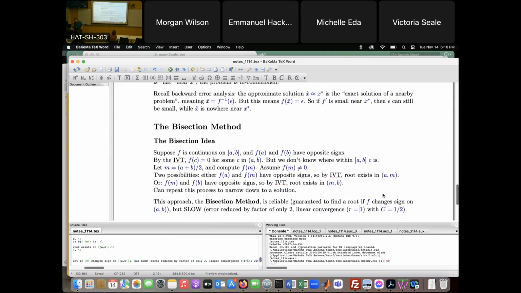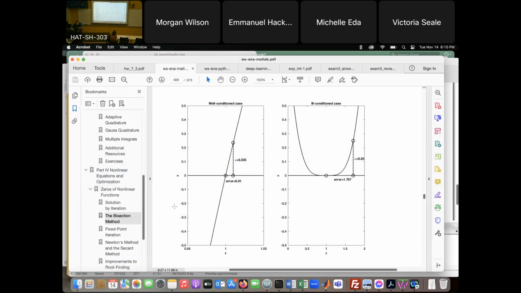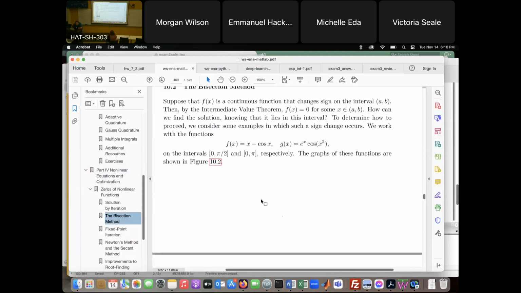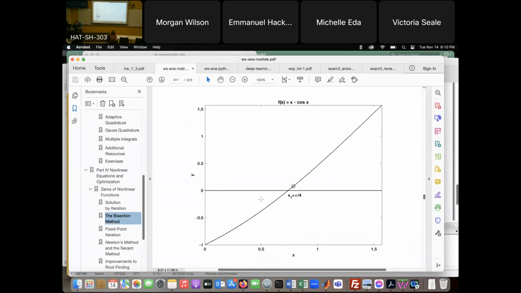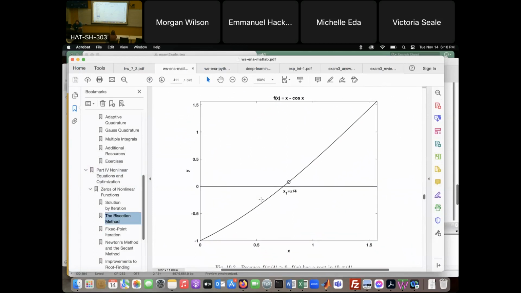All right. So what I'm going to do now is show you an example of bisection in action. There are a couple of examples. Here, for example, we have the function f(x) = x minus cosine of x, and we're working on the interval from 0 to pi over 2.